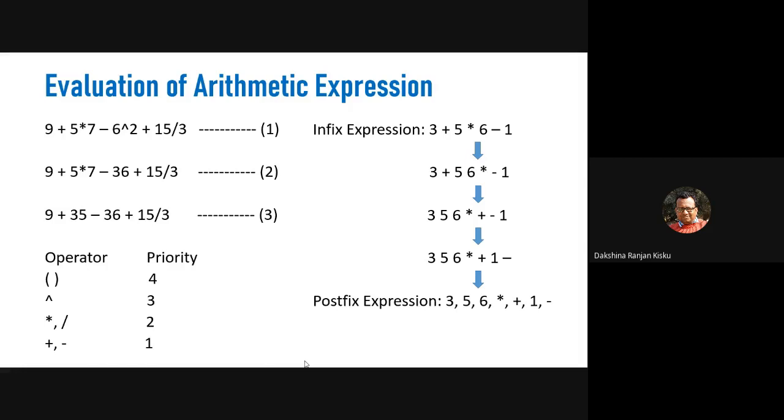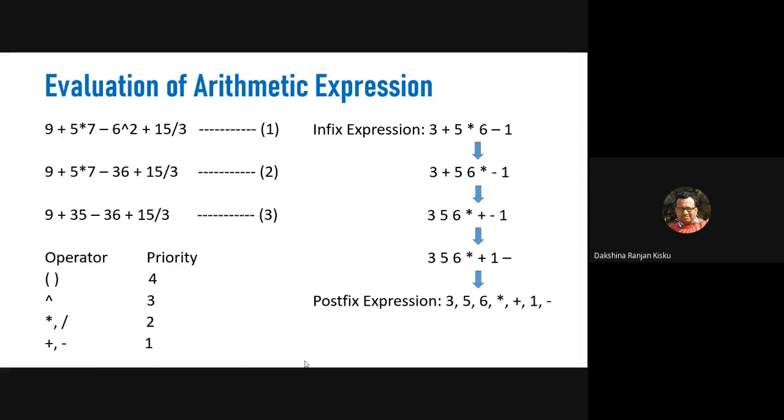So a postfix expression looks like 3, 5, 6, multiplication operator, addition operator, 1, minus. Here we can see that the arithmetic operators appear after the operands. Initially we will start from the infix expression.